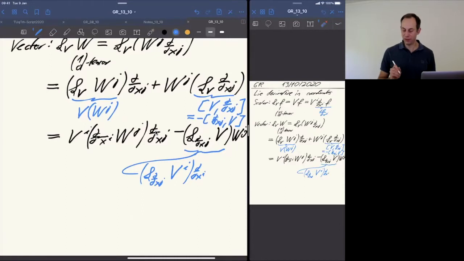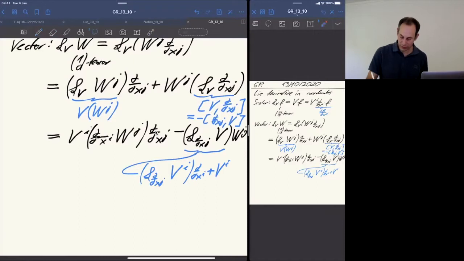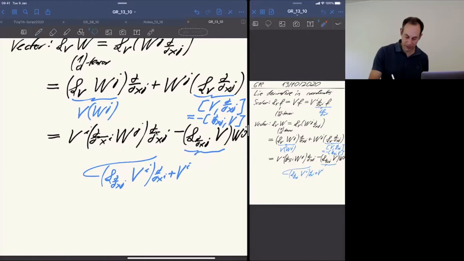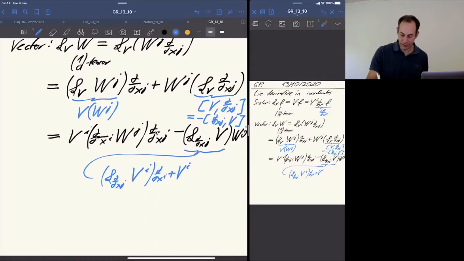So I just expand v and apply again the product rule, plus vi, and then the Lie derivative applied to the other thing. So actually I need more space here. So let me move this a little bit. Okay. So it's again the same use of the product rule as before, where I expanded v in the basis. So here the derivative d to the dxj now acts also on the basis vector d to the dxi.